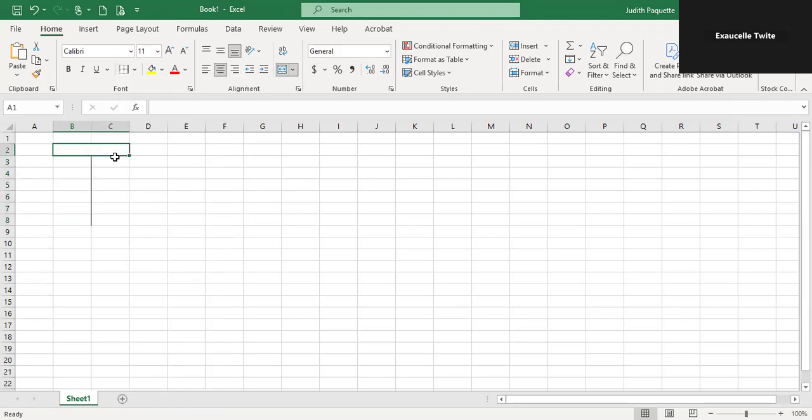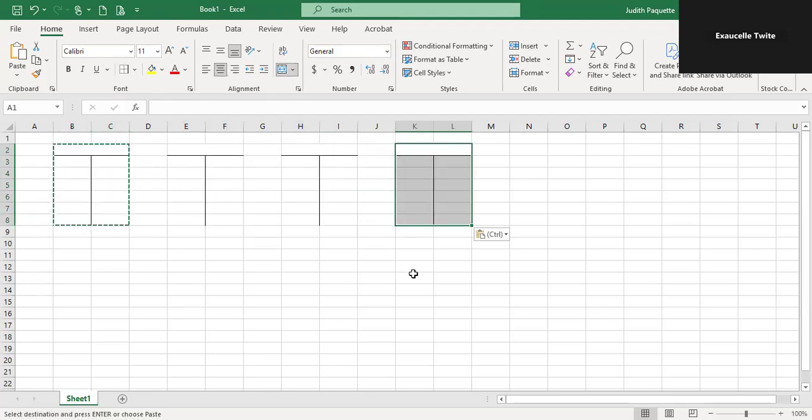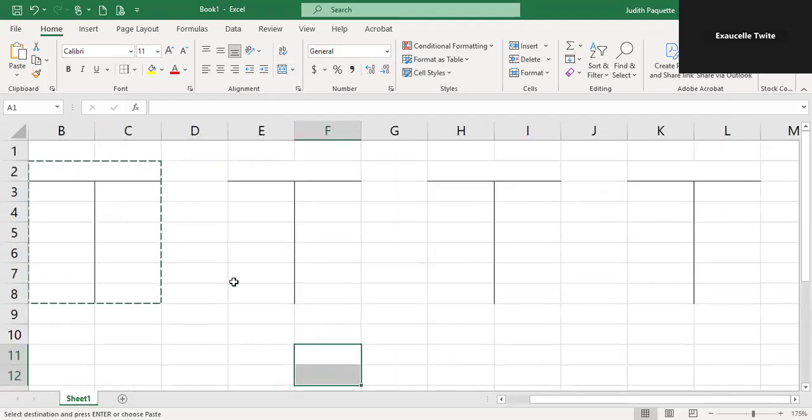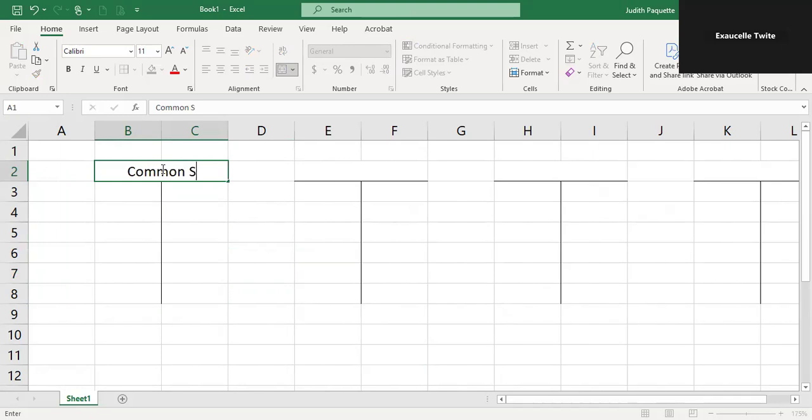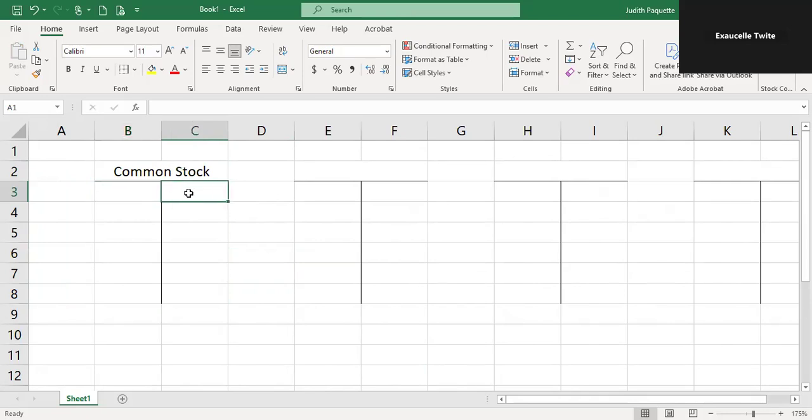I want to make a bunch of T accounts. So our first T account is going to be common stock. And we're just pulling that information off of the practice exam. So common stock has a balance of 1550.